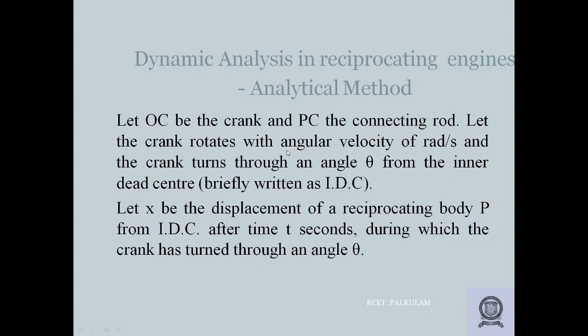The crank rotates with the angular velocity omega radians per second and the crank turns through an angle theta from the inner dead center, briefly written as IDC. Let x be the displacement of the reciprocating body P from IDC after time t seconds, during which the crank has turned through an angle theta.